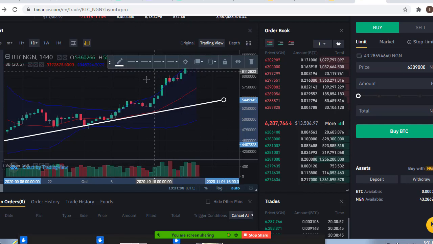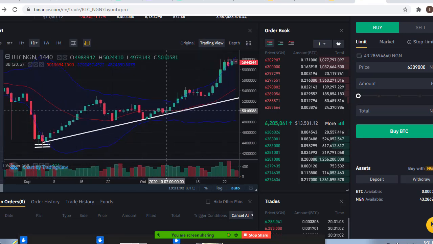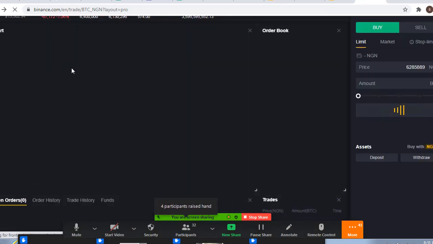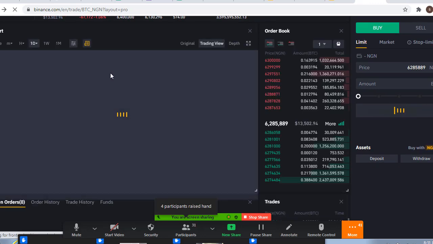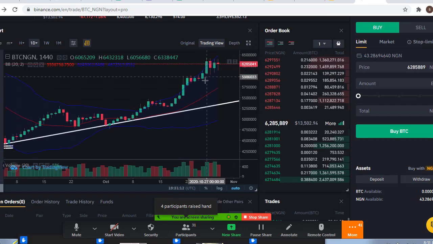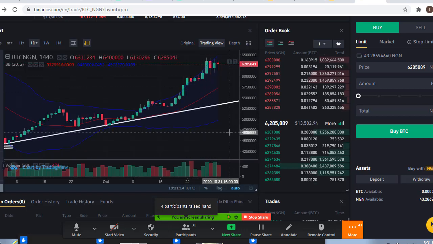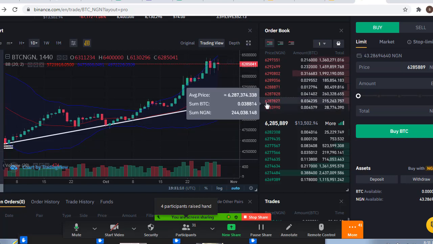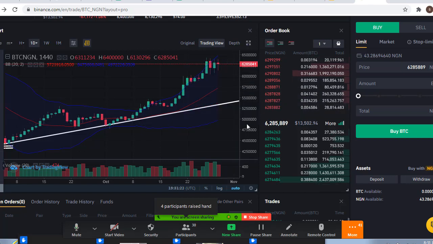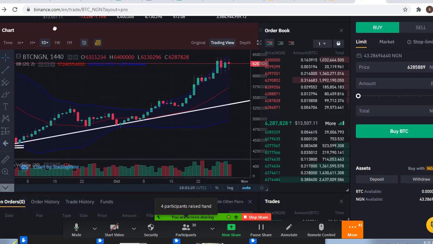I'm hearing you, I'm with you. This platform that you are using, is it different from the Binance app, or is it the same thing? It's the same thing, but the interface is different. The mobile interface is different.